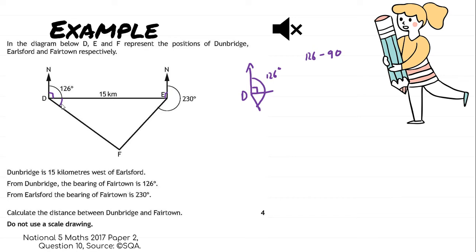So 126 subtract the 90 is going to be 36 degrees. So this is 36 degrees. Okay, great. We've not even read the question yet, and we're already well into it. What about this point here? What do angles around a point sum up to? Because we know this is 90 and we know this is 230.